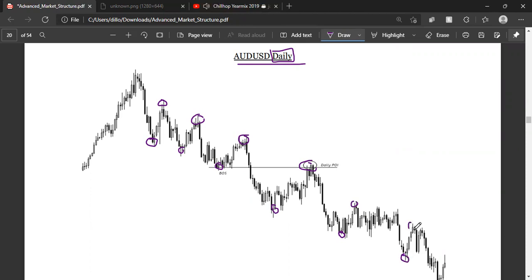So what do we see here? We see an obvious huge impulse to the downside, right? So we're looking in this area.